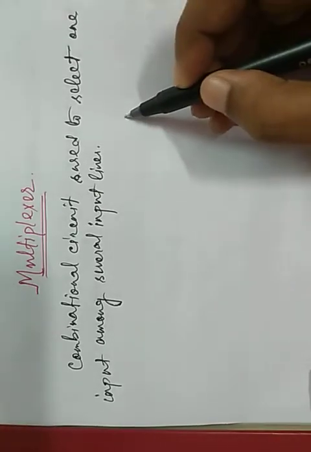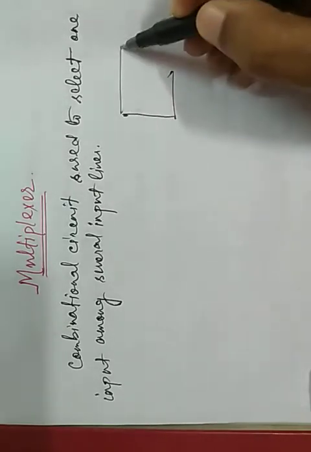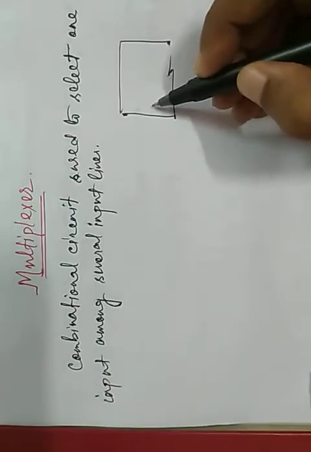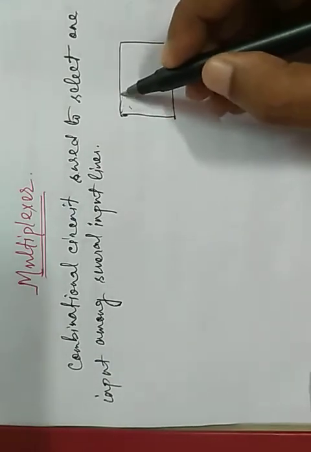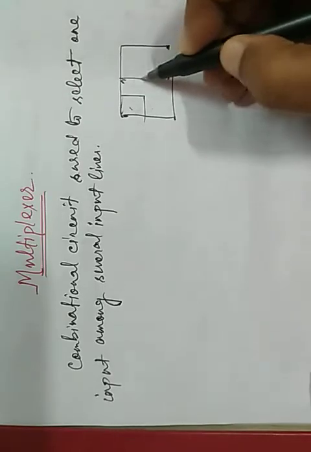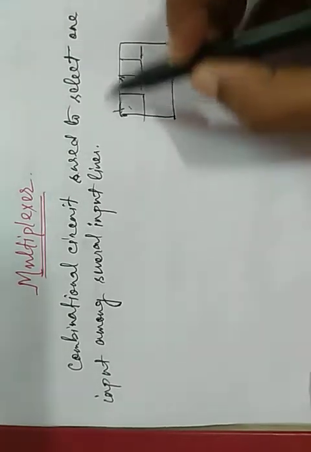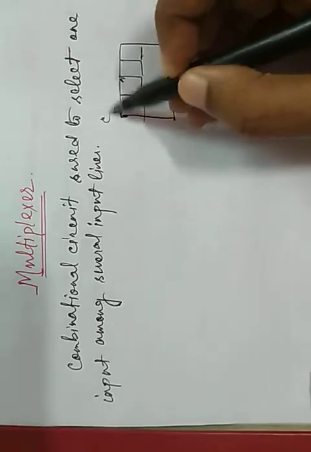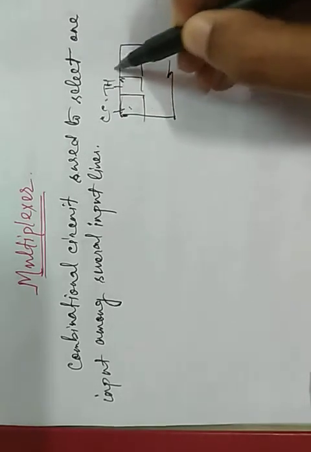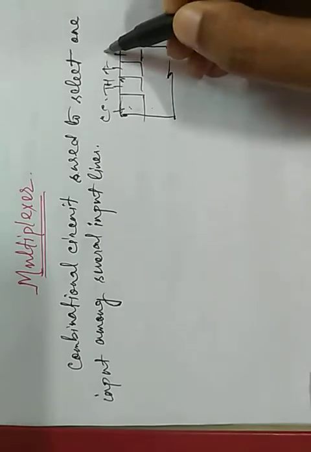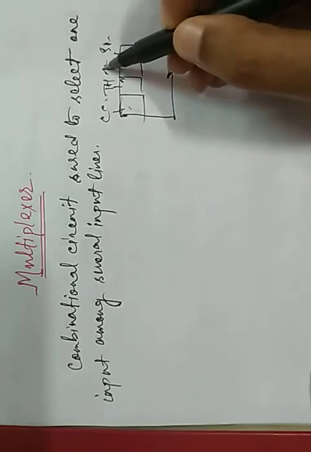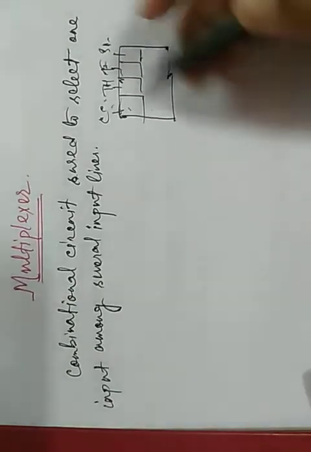A vending machine is a machine which has different buttons, and inside the vending machine there are different types of cold drinks: Coca-Cola, Thumbs Up, Fanta, Sprite.